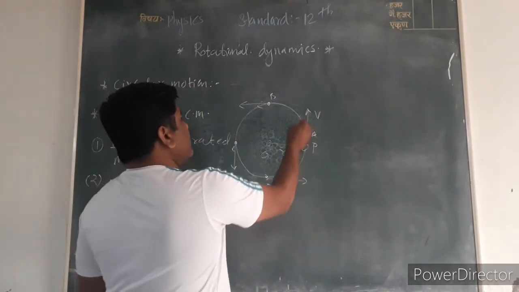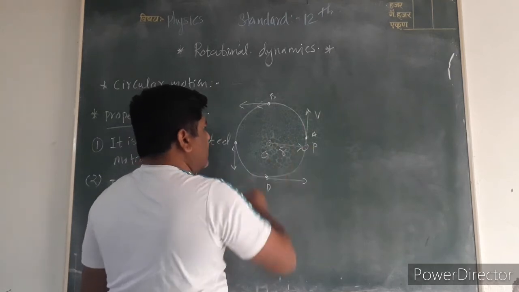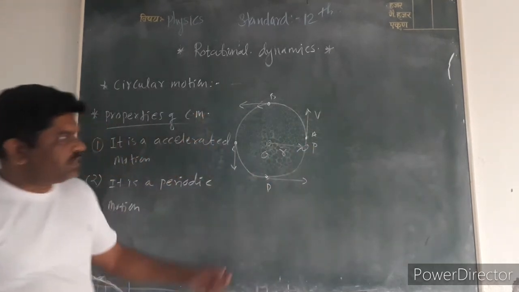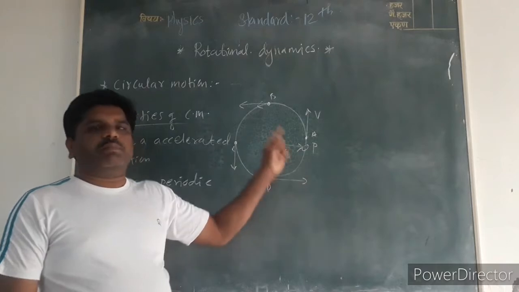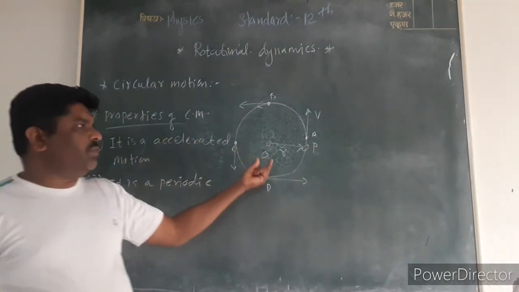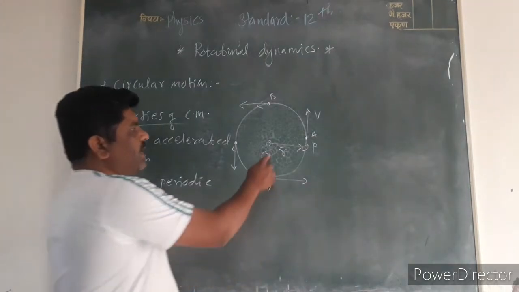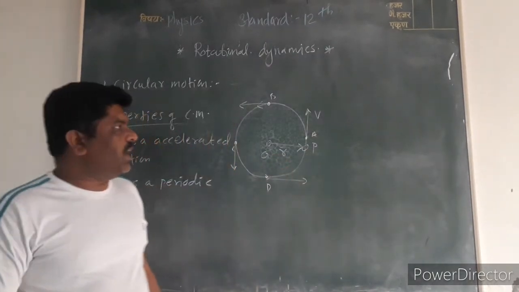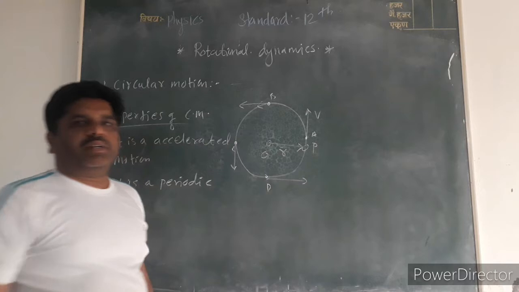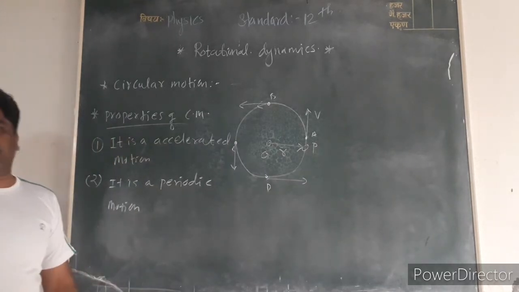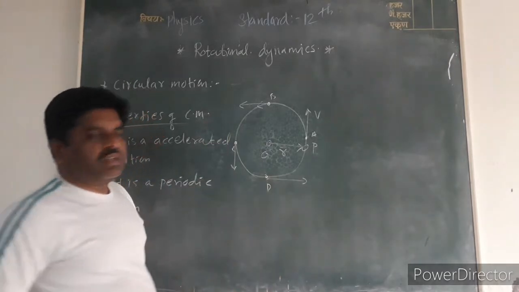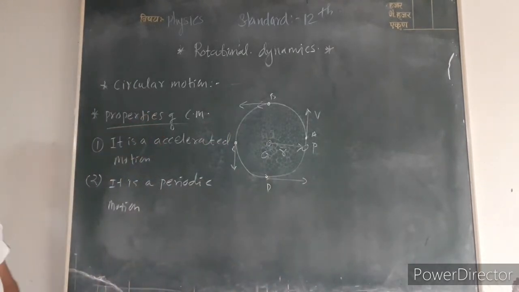Suppose this particle complete one round, second round, third round. This particle revolve around the circumference of circle with suppose center O, radius vector R. The radius vector is constant, and this particle repeat its path. This particle revolve around the same path, hence it is a periodic motion.